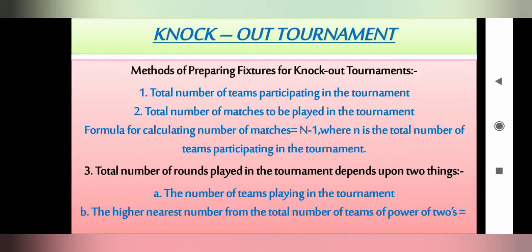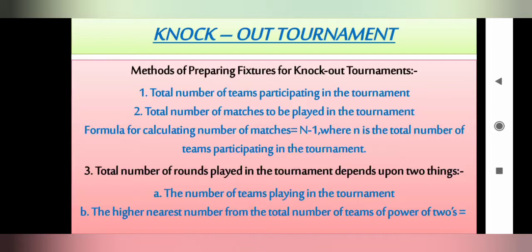Okay, so the next point is the total number of rounds played in the tournament, which depends upon two things. The first is the number of teams playing in the tournament. The second is the nearest higher number to the total number of teams that is a power of 2.